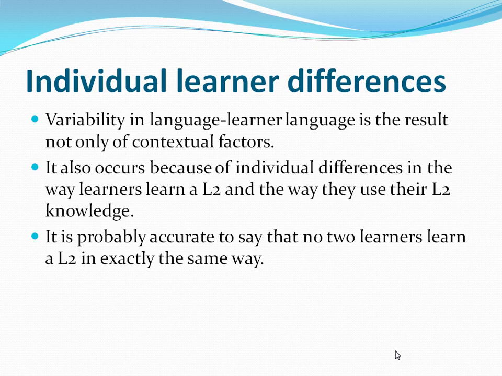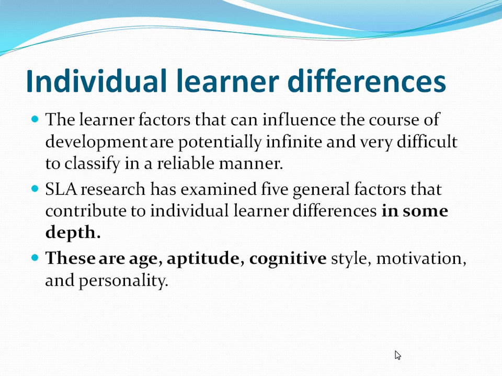It may vary. It is the variation of materials. But what is the learner's individual difference? As we have said, individual learner difference may differ on the basis of some points. What are the points? Age.